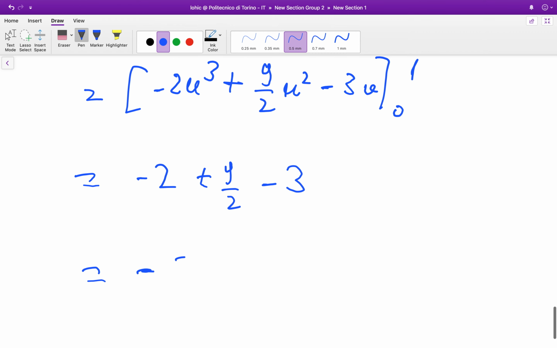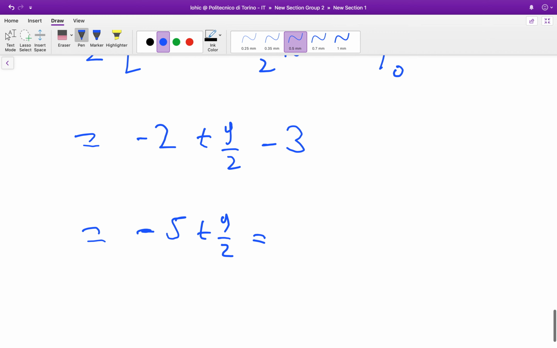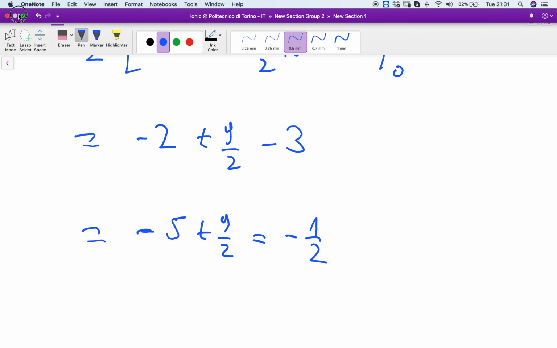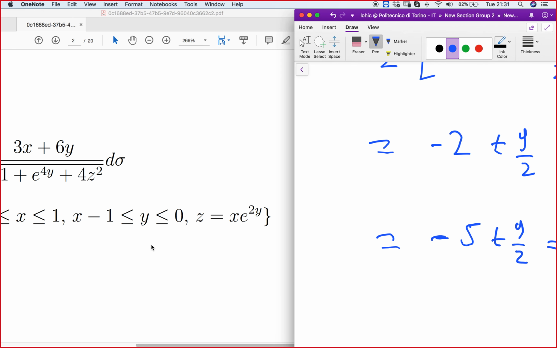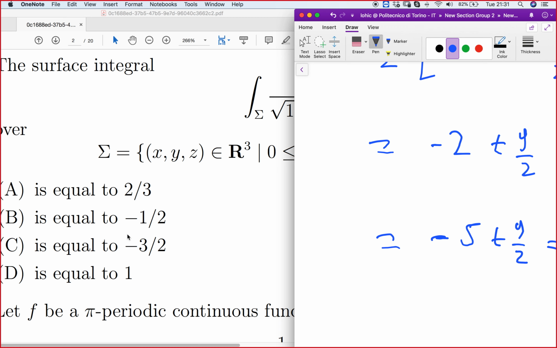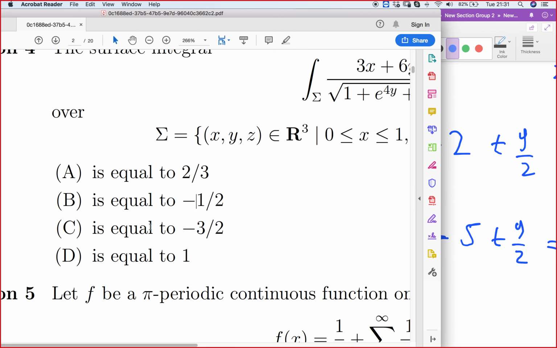So it's minus 5 plus 9 over 2, which is minus a half. Okay, let's see if we didn't make any mistake. So the answer is B.